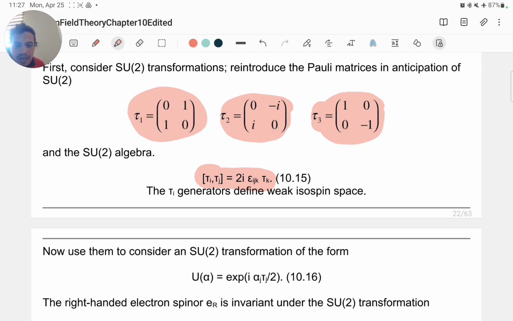So, for example, epsilon 1 1 2 is 0, or epsilon 3 2 3 is also 0.